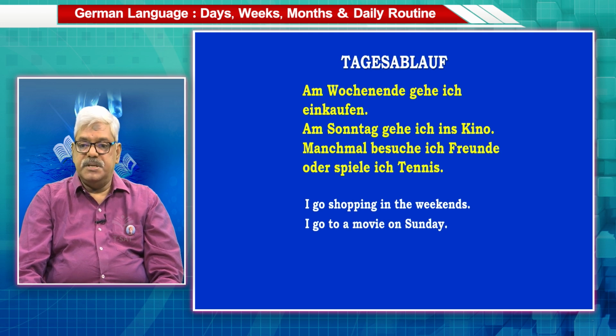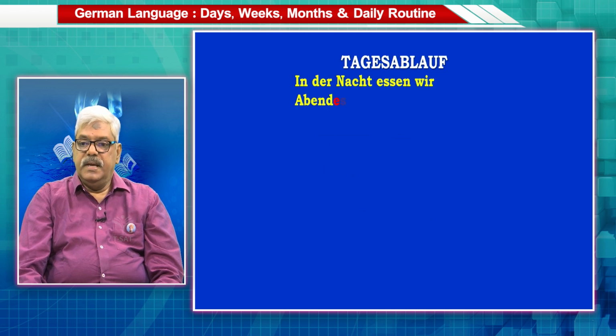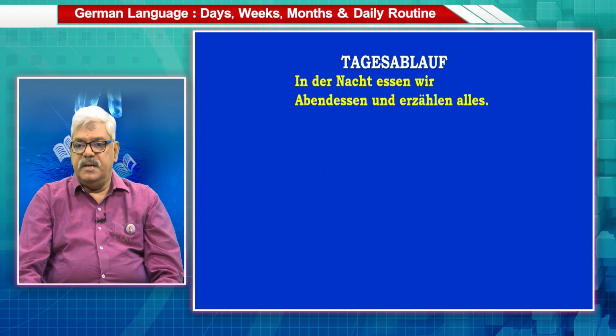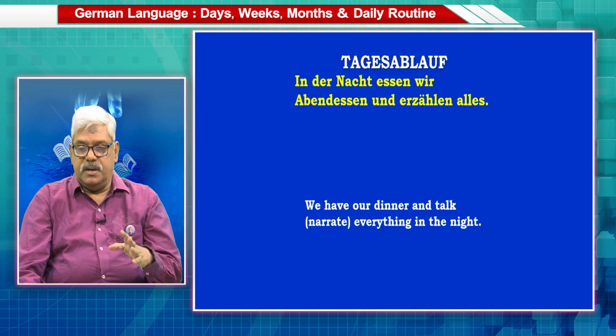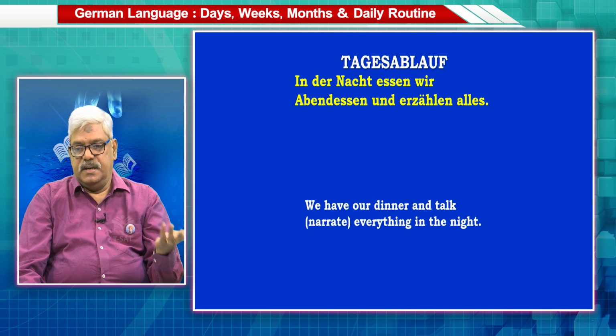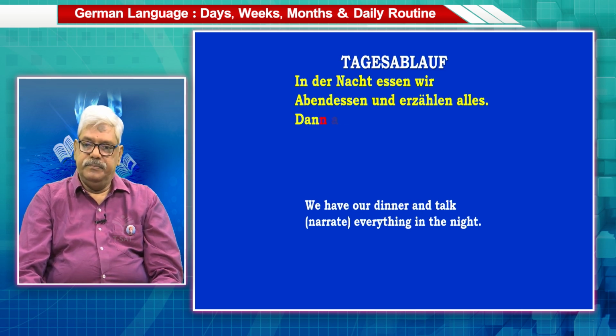Manchmal besuche ich Freunde oder spiele ich Tennis. Manchmal, sometimes. So sometimes I meet friends or I play tennis. In der Nacht essen wir Abendessen und erzählen alles. We have our dinner and talk, narrate everything, in the night.